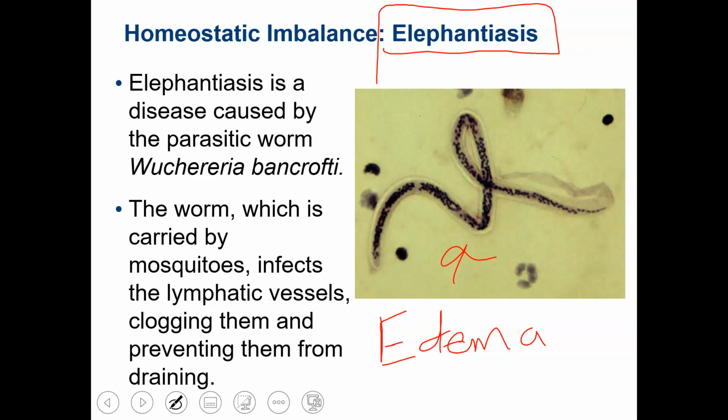Without that bacterial cell, the worm dies. So, the World Health Organization has been prophylactically treating people with antibiotics, killing off the worm before or they've been on track now.